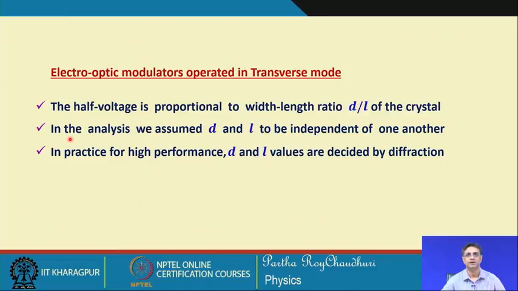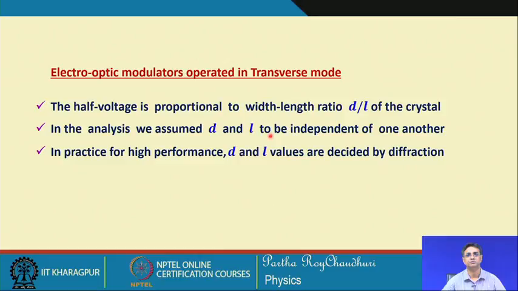In the analysis, we assumed D and L to be independent of one another. All throughout our discussion, we have not talked about D and L. We assumed some value of D, or we just kept it as it is. But if there is a relation between D and L when you look at the design of the modulator, it will be limited by the diffraction.